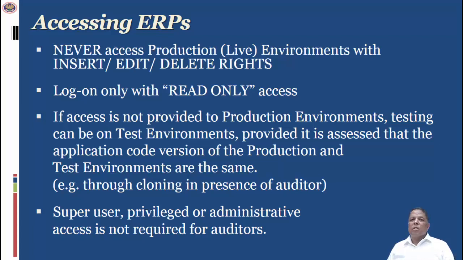One is the development system, the second is the testing system, and the third is the production system. If you don't get access to production, you could test in the test environment, but you should be sure that the version of the production environment is exactly equal to that of the test environment. One of the ways to do this is to clone the production environment on the test environment in the presence of the auditor.